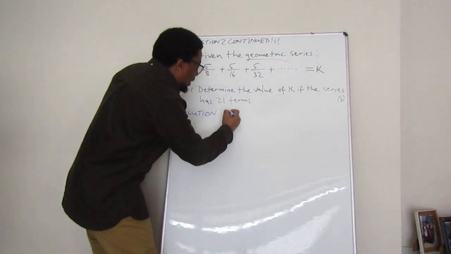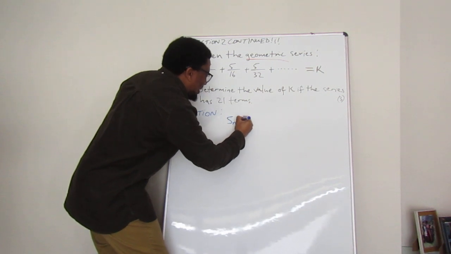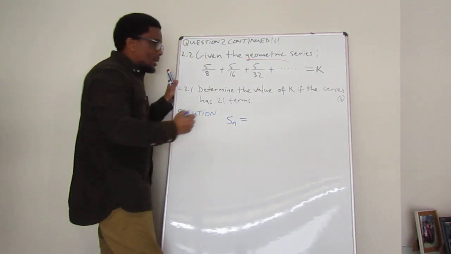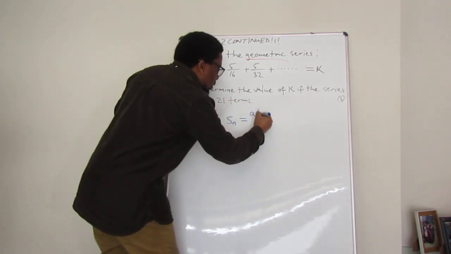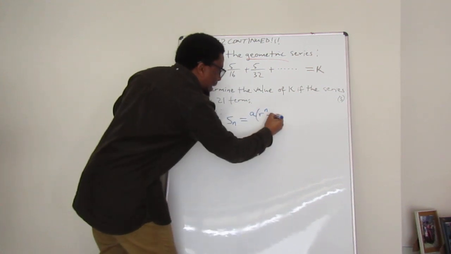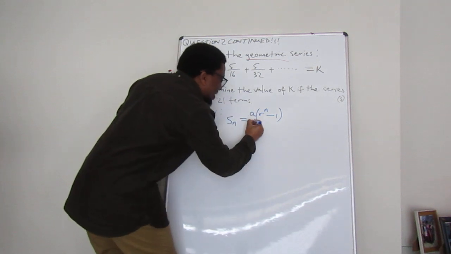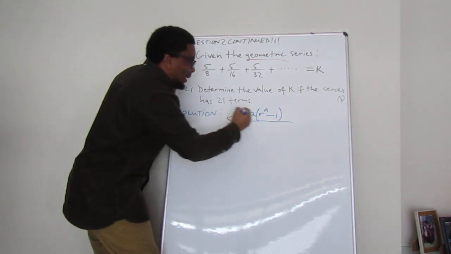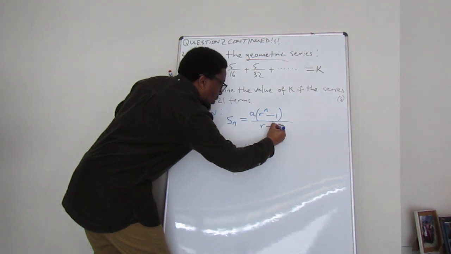You'll get a formula that says Sn is equal to A into (R to the power n minus 1), divided by (R minus 1).